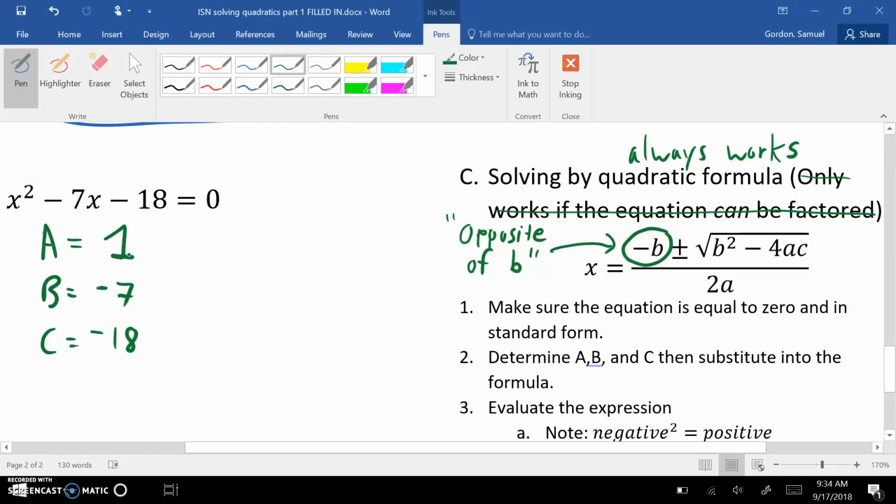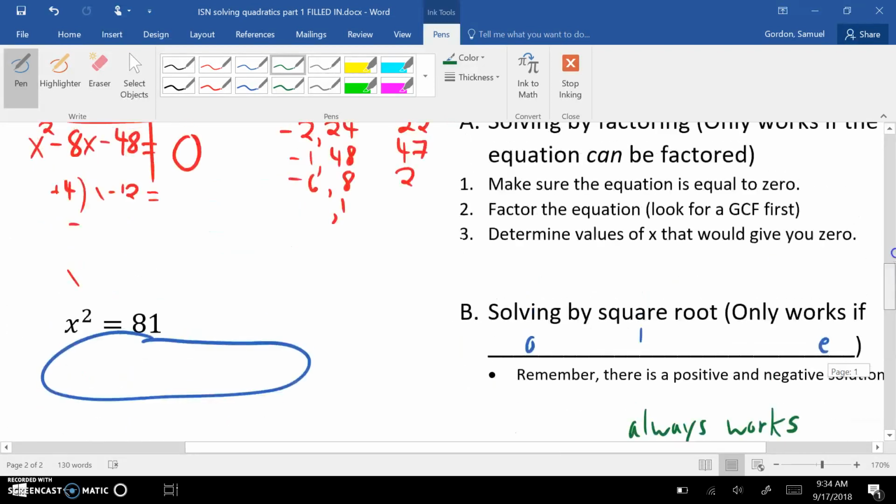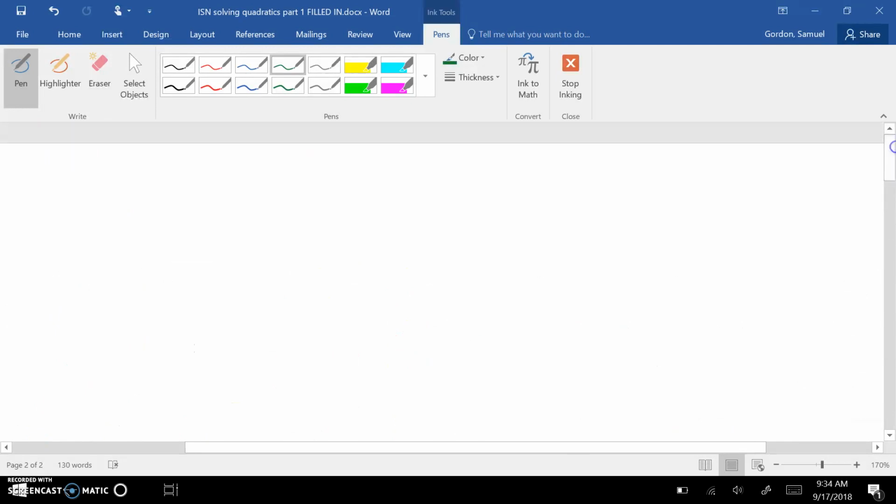All right, that was pretty easy. Then we have to substitute it into the formula. You're not going to have enough room in here, so just go to the opposite page of your notebook, and you should have plenty of space. Remember, a is 1, b is negative 7, and c is negative 18.